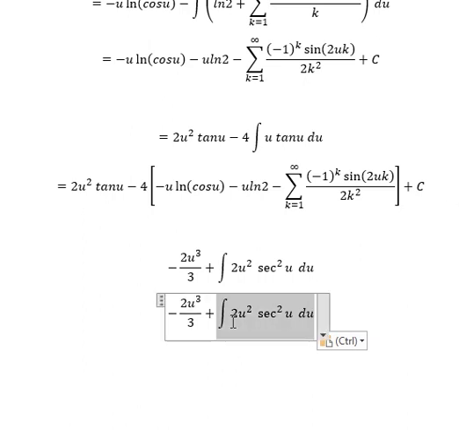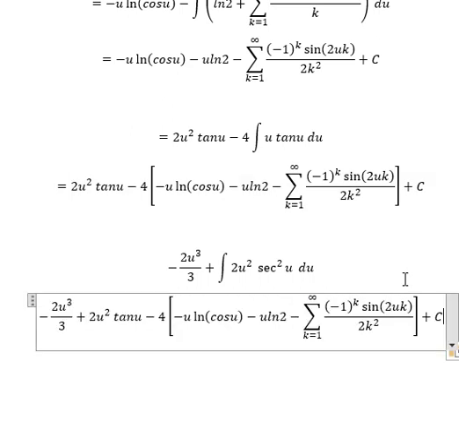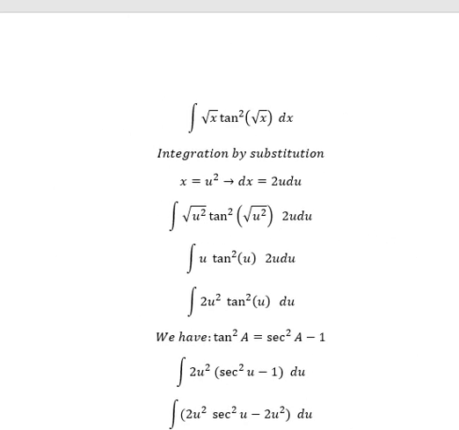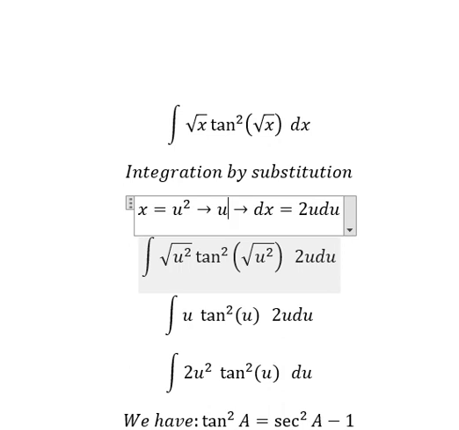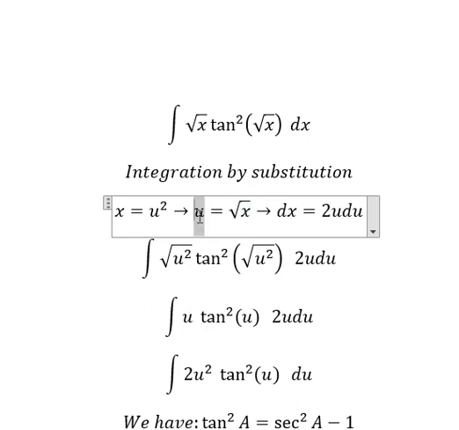So the integration of this one is this one. About u, it is this one. So we put the square root on both sides, and we have u equals the square root of s. So we need to transform u into this one.